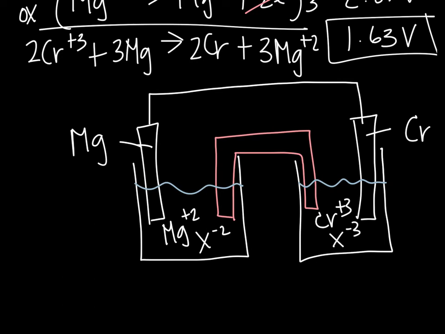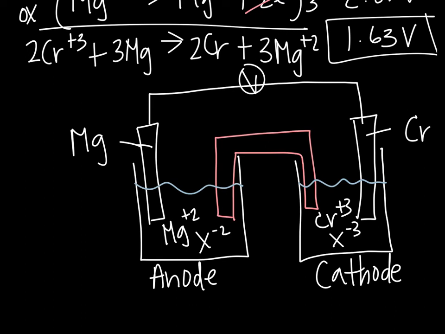Okay, the one that we reversed, which is oxidation, is going to be the anode. So remember, an ox and a red cat. So then this is anode. This is cathode. And then electrons flow. Oh, once again, we can put a voltmeter there. Then electrons flow in alphabetical order, anode to cathode.